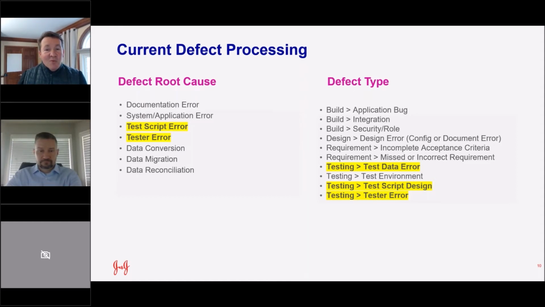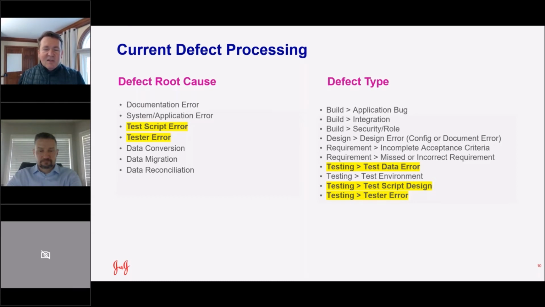And so looking at what our process was at the time, we had several categories for root cause for defects, and you can see that it is highlighted specifically there. Some of the root causes that we had were task script error as one, and tester error as another one, because we tend to categorize information for analytical purposes.